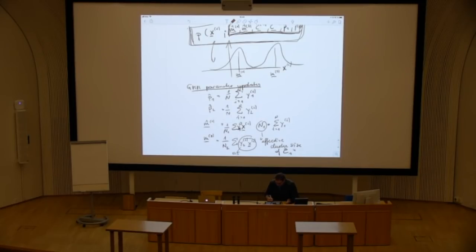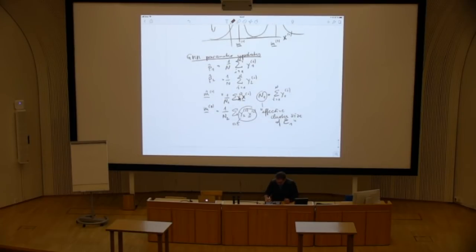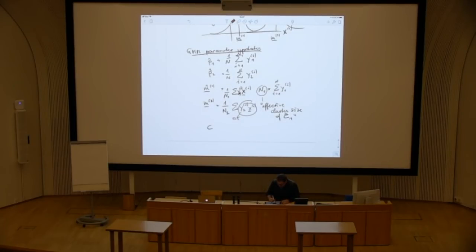Or if this degree of belonging is 0, you don't take into account this data point at all for the cluster because it doesn't belong at all to this cluster. Yeah, and similar rules you have for the covariance matrix estimates, which I don't repeat here. Or maybe I will for cluster 1.